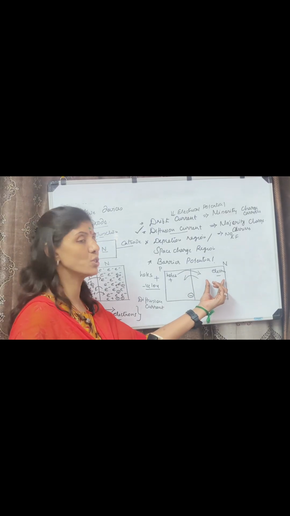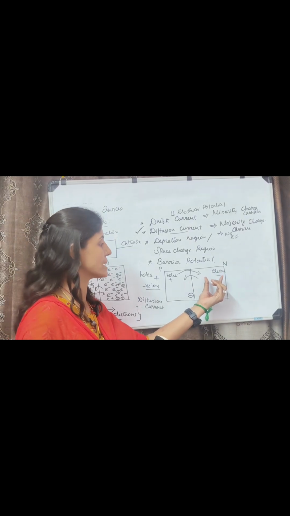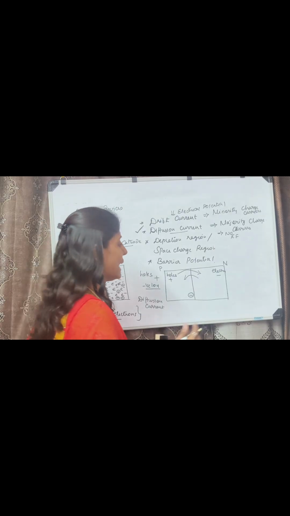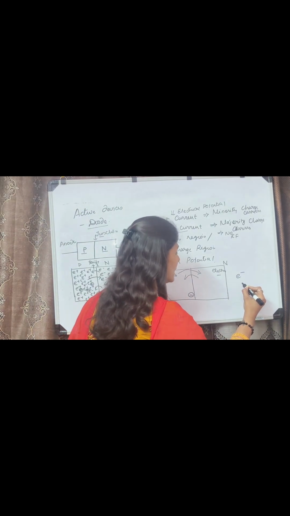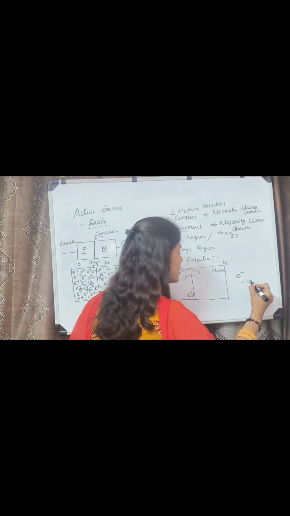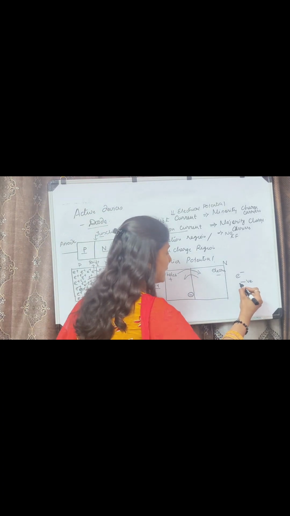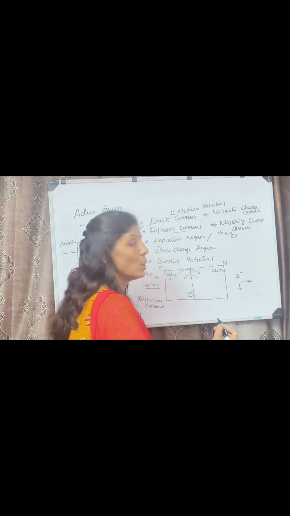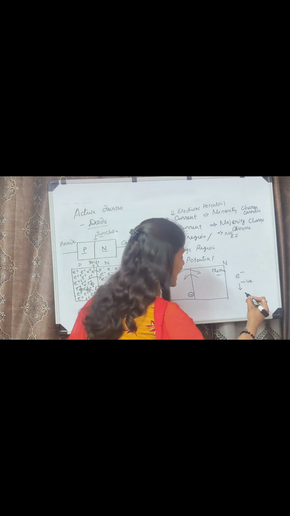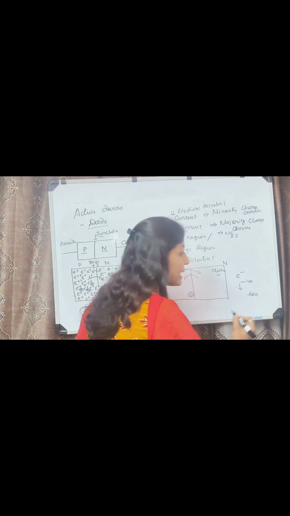Come to this part also and try to understand this concept. Electrons are negatively charged particles, so the negative charge is more. While recombining, this negative charge is lost. Once the negative charge is lost, it becomes an ion.